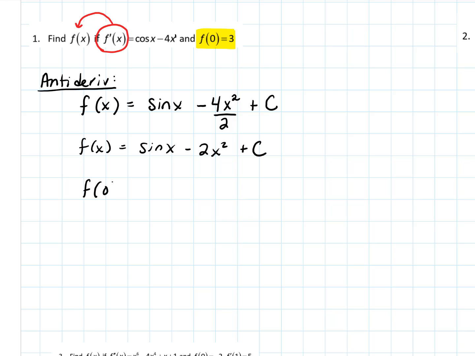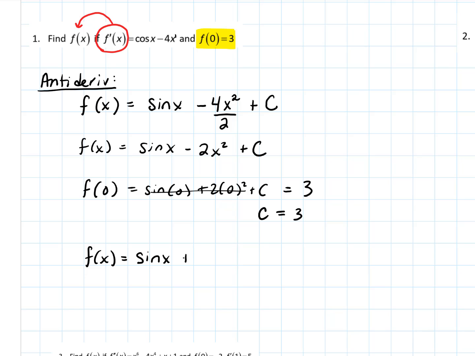So we use that information. f of 0 would be sine of 0 plus 2 times 0 squared plus c, and that is equal to 3. So that means that c, because all that just zeroes out, is equal to 3. So given that specific information, we can find not just the general antiderivative, but the specific antiderivative that satisfies the condition that was given.